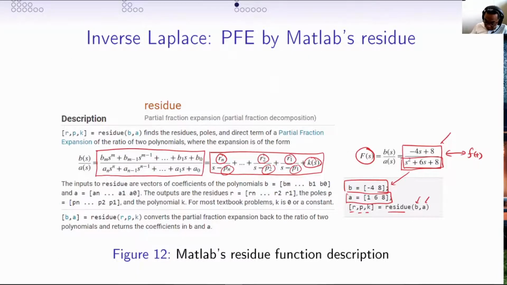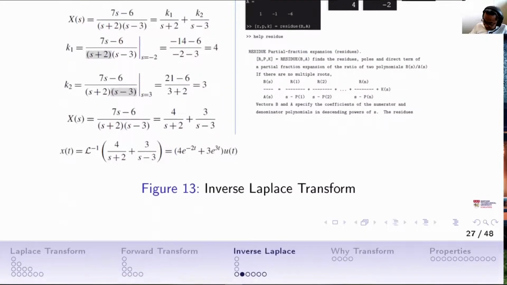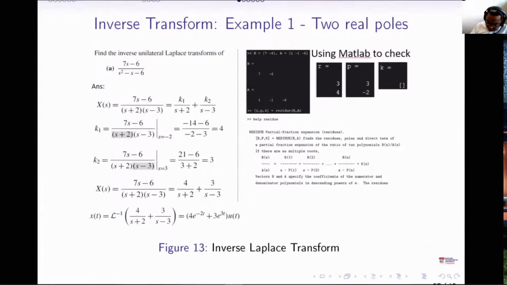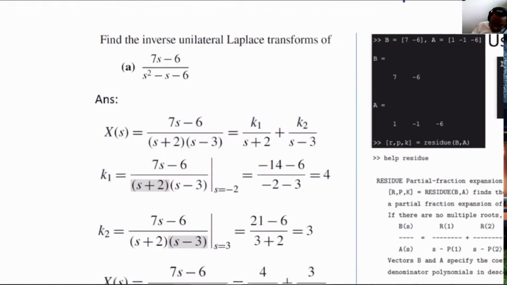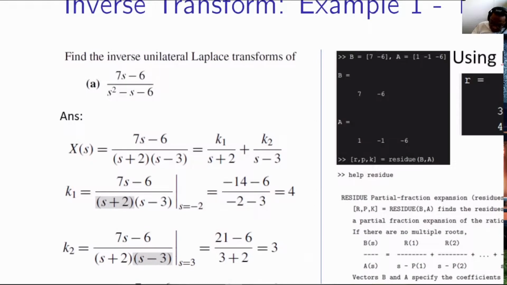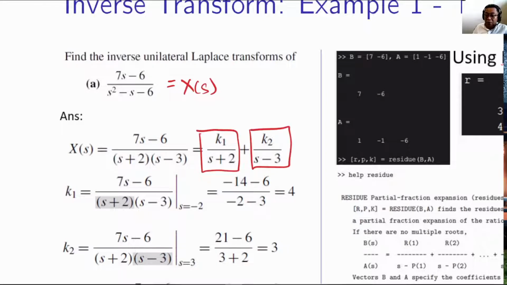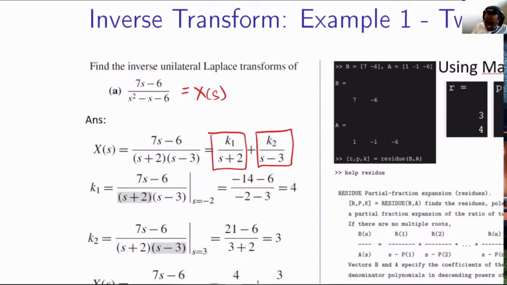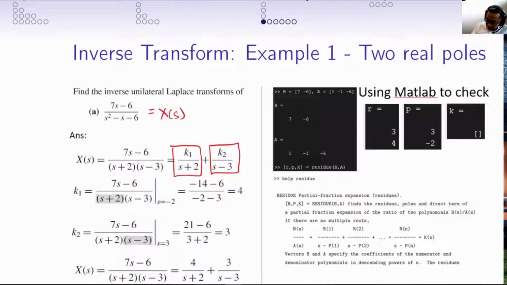Okay, let's proceed to the next page, which is page 27 of the slide. In this page, we're given this function equal to X(s). And we're going to break this function into this form, where this form would have entries in the lookup table. Here, the answer is something called two real poles, where we have two real poles here.